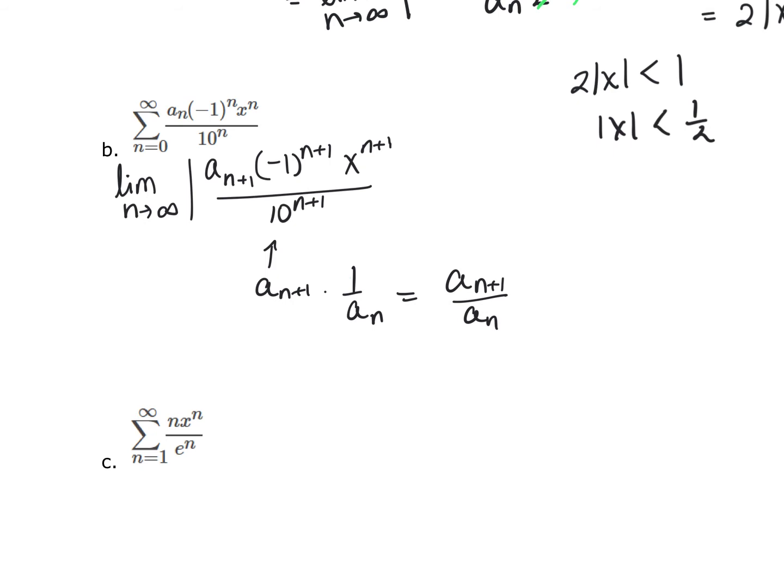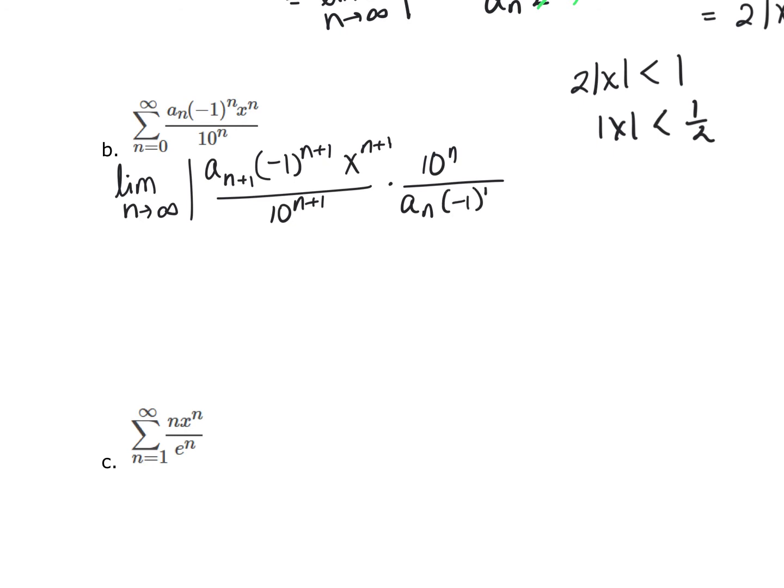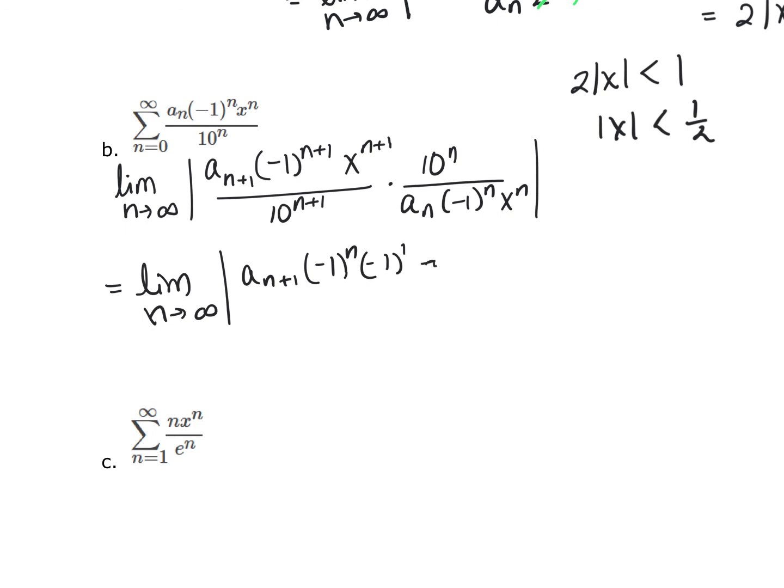And so I can write my division by a sub n as the reciprocal multiplier. So then it's going to multiply by 10 to the n over a sub n, negative 1 to the n, x to the n. As before, I'm going to break apart algebraically any of my powers that have the n plus 1 so that I can do some cancellations.